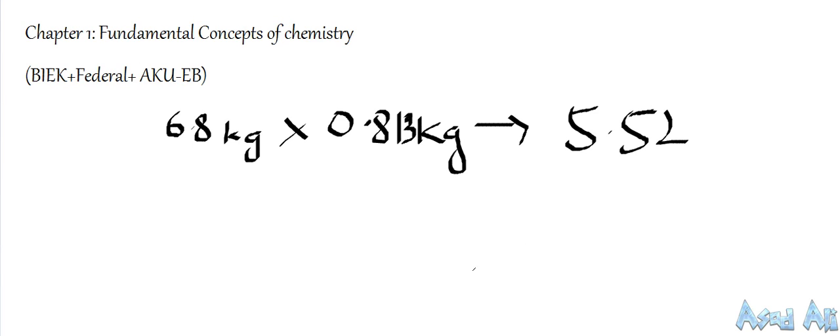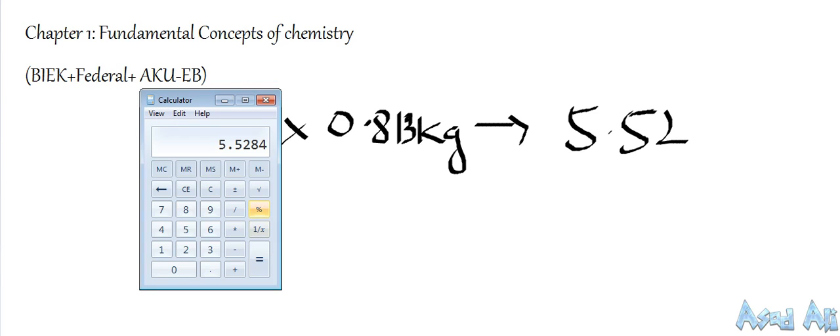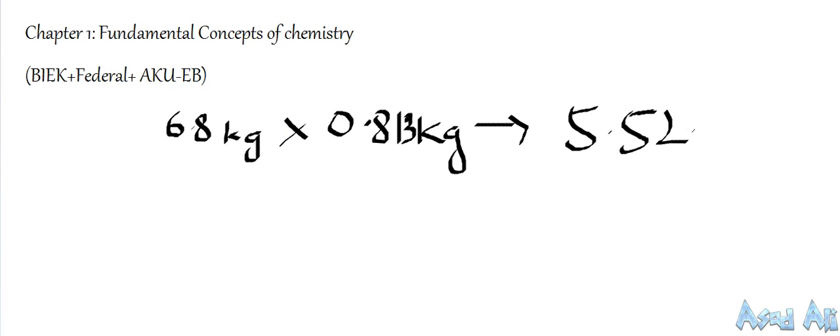The digit 8 is greater than 5, so the 2 will be increased by 1 and it becomes 5.53.